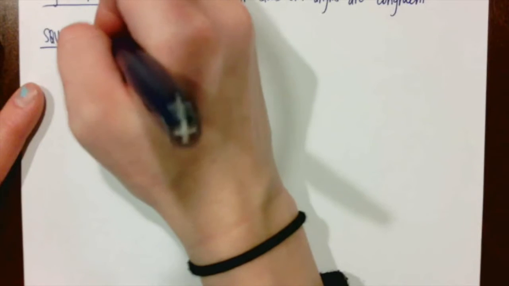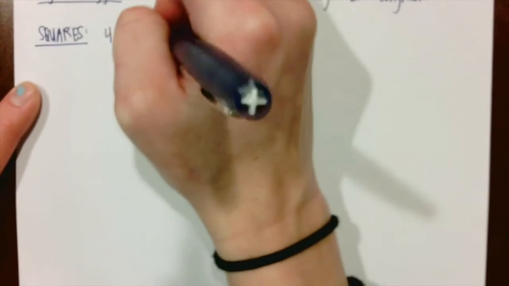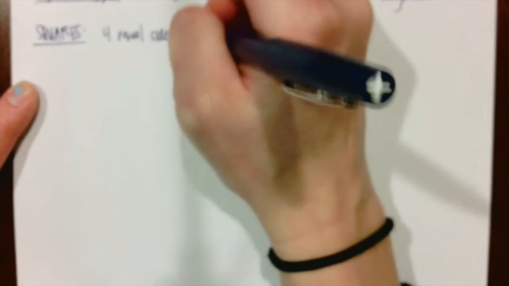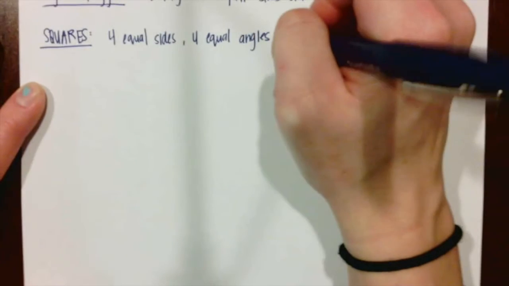Squares have 4 equal sides, 4 equal angles, and they also have 4 lines of symmetry. And that's kind of what we're going to see in any shape that has all congruent sides and all congruent angles.